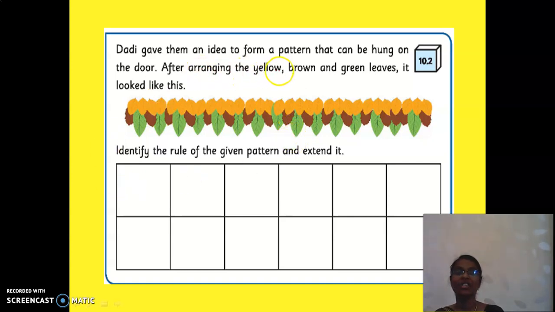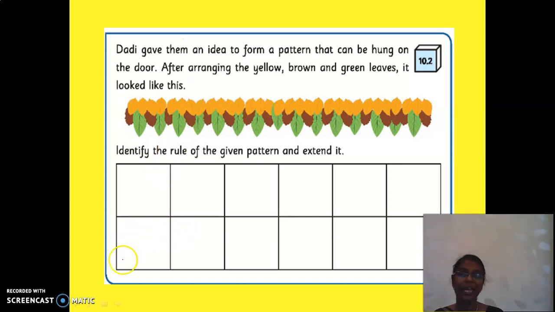After arranging the yellow, brown and green leaves, it looked like this. Have you seen that? Even jewels, I have told you, for the pattern. Garland, what is meant by garland? Mala. Have you seen that? They will arrange in a certain pattern with colors, with different yellow, red, something like that.